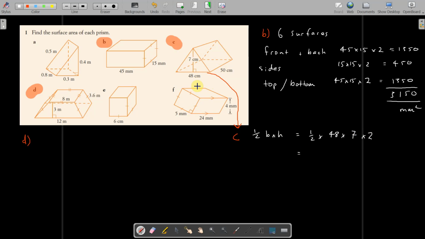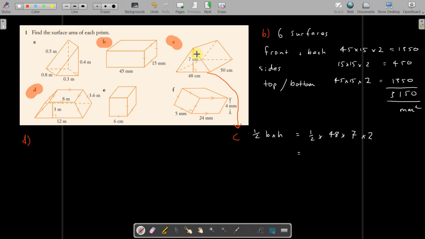Then we have 3 surfaces left. This one here, the one facing us, the one in behind, and then underneath. So let's do this one. Now, at the moment, we don't have everything we need. So that's going to take a little bit of work. We've got to find this length here, so we need to use Pythagoras.